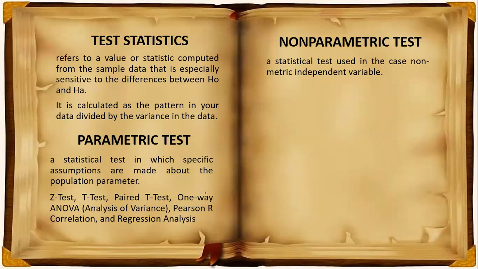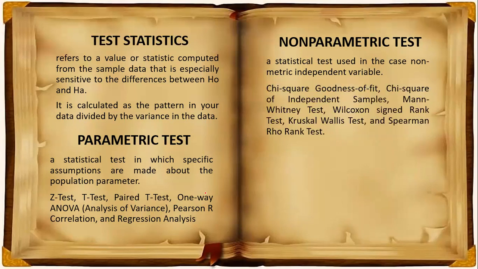So, diha namang sud class. Okay. Diha namang sud si chi-square goodness of fit, si chi-square of independent samples, si Mann-Whitney test, si Wilcoxon signed rank test, then si Kruskal-Wallis test, o si Spearman rank test. So diha naman sila mangsud.